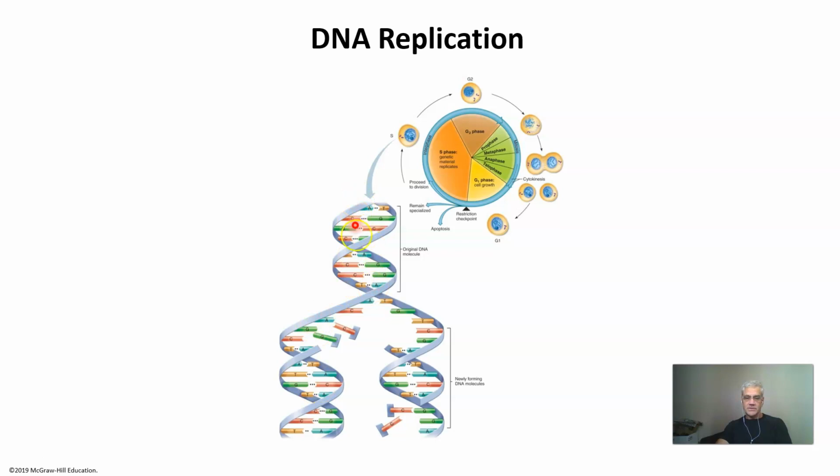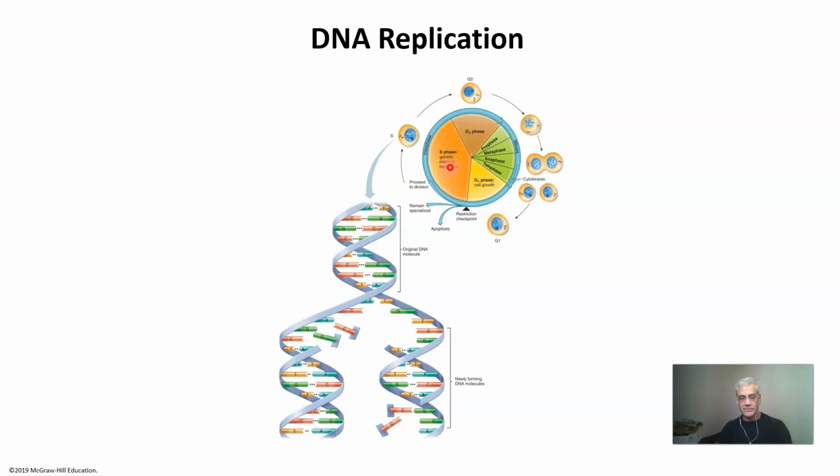We take that double-stranded DNA, we pull it apart, we have exposed bases here and here, we find complementary bases inside the nucleus, and those complementary bases bind with their complementary pairs, and then DNA polymerase and other enzymes stitch those together into new double-stranded DNA. All that happens during interphase, during the S phase in particular.